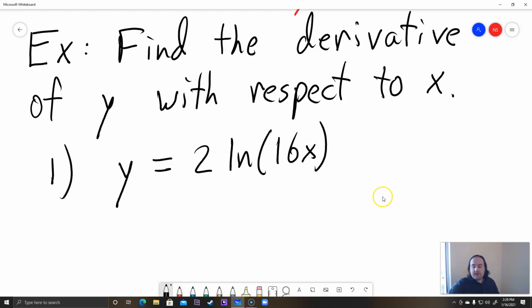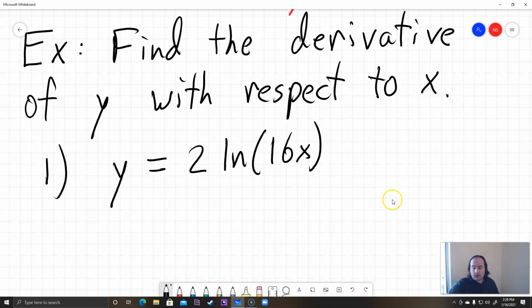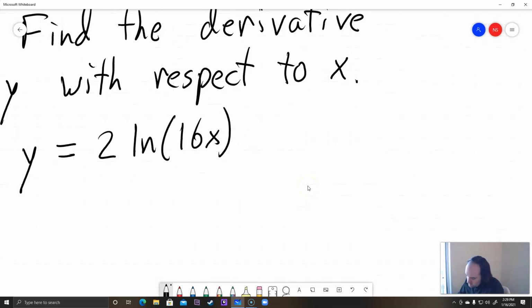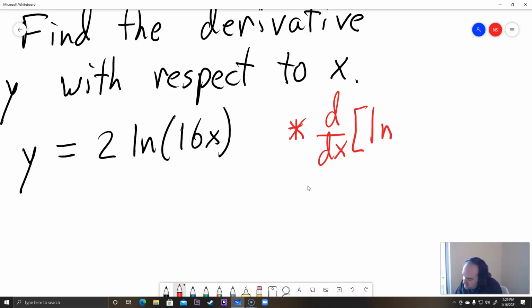The rule is the derivative of a natural log. It turns out that d/dx of ln of x, the derivative of the natural log of x, is equal to 1 over x.